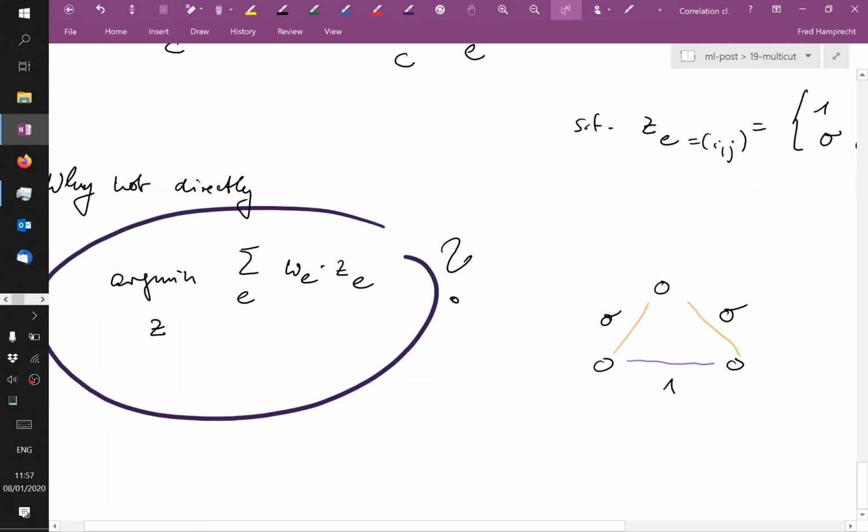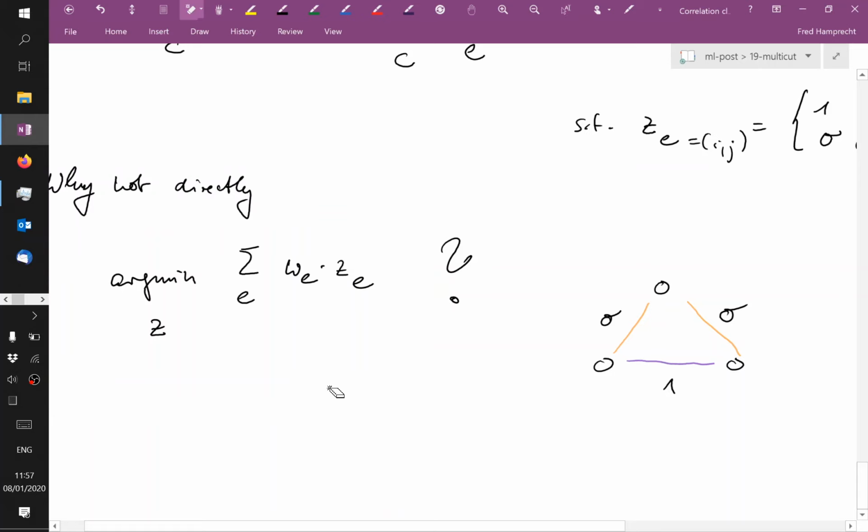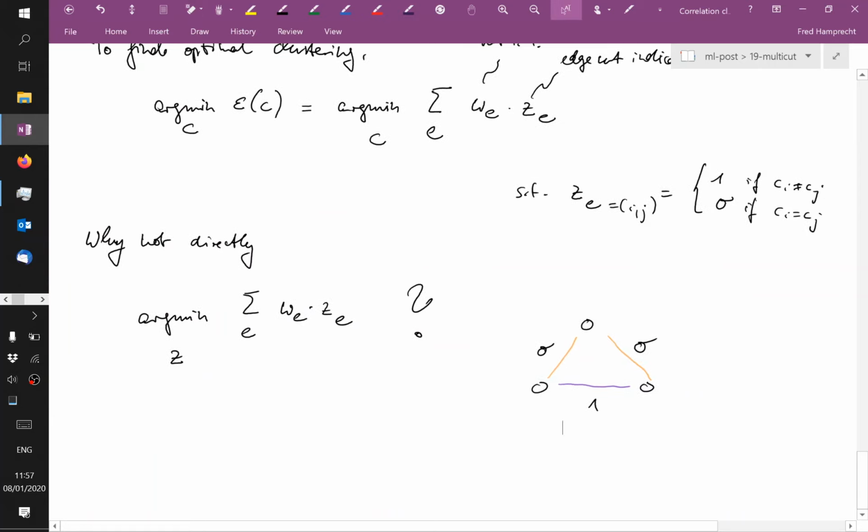If I want to argue in terms of node labelings, if I don't cut this edge, then these node labels should be the same. If I don't cut this edge, those node labels should be the same. But here, if I do cut, these node labels should be different. So it's a plain contradiction. And we need to rule out those plain contradictions, which we'll do after the break.